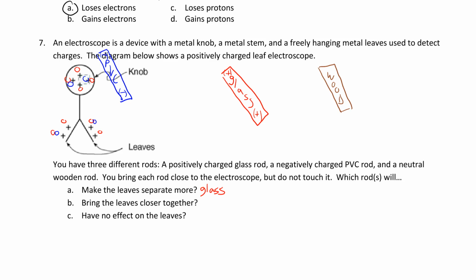They're going to be repelled, so the electrons go down into the leaves, and what you'll notice is that the top becomes more positive, right? But the bottom kind of neutralizes out. They might still be kind of separate, but here you can see that's all neutral atoms down here. So they're not going to be as repelled as they were before. So the leaves get closer together when the PVC comes close to it.